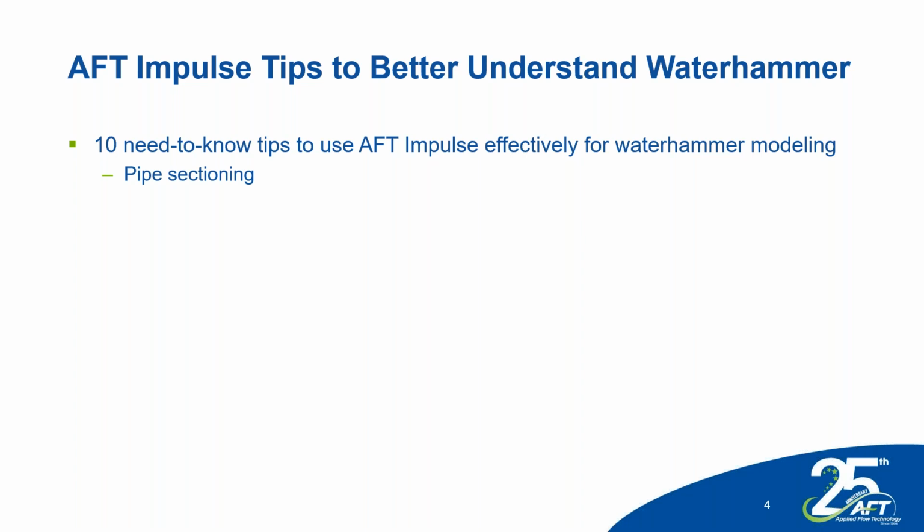And that causes many, many short pipes to appear in your system that are just totally unnecessary for modeling in order to get an accurate picture of what's going on in a Waterhammer sense.